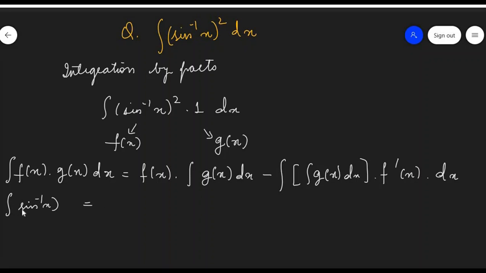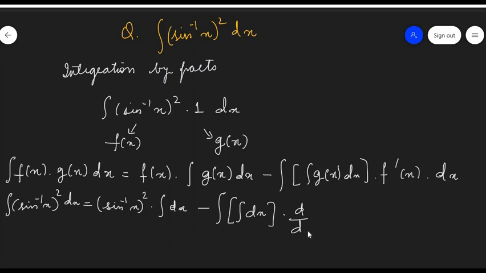So we can write the integration of (sin⁻¹x)² dx as the first function, which is (sin⁻¹x)², into the integration of the second function, which is 1. So I can simply write that as the integration of dx, minus the integration of, the integration of dx into f', that is d/dx of the first function, which is (sin⁻¹x)², dx.